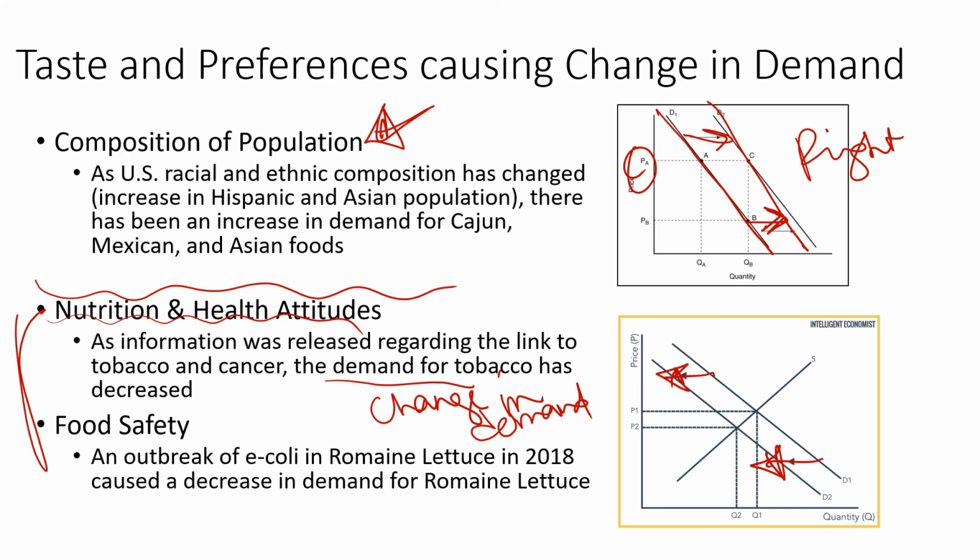Demand has decreased for tobacco because of this outside research finding. Similarly, in 2018, there was an outbreak of E. coli in romaine lettuce that also caused a shift to the left. Again, these are all outside factors that cause these changes in demand.